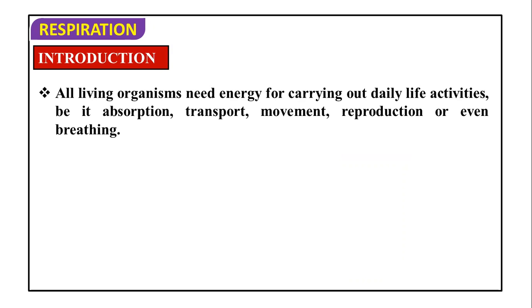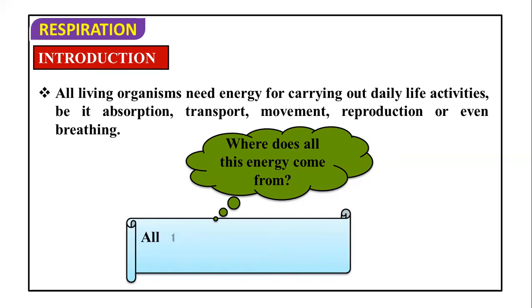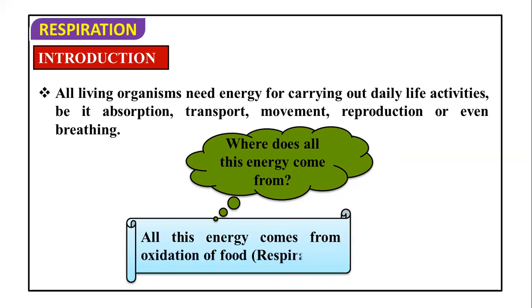For all these activities, there is a need of energy. So where does all this energy come from? The answer is, all this energy comes from the oxidation of food, and this oxidation of food is defined as respiration.